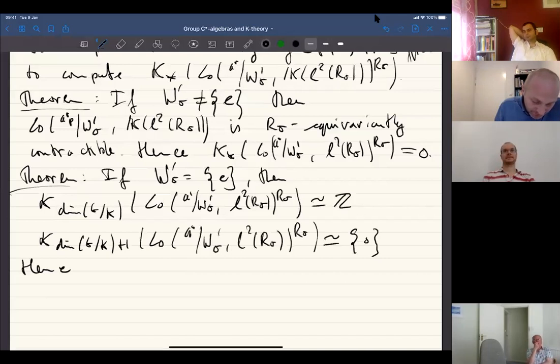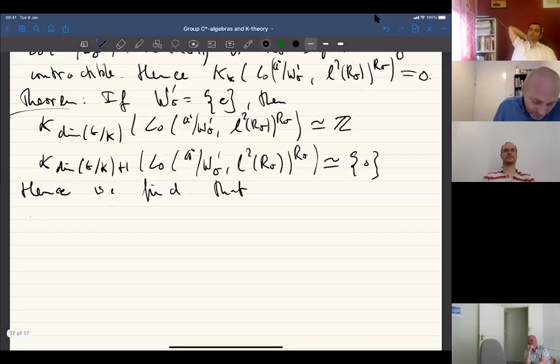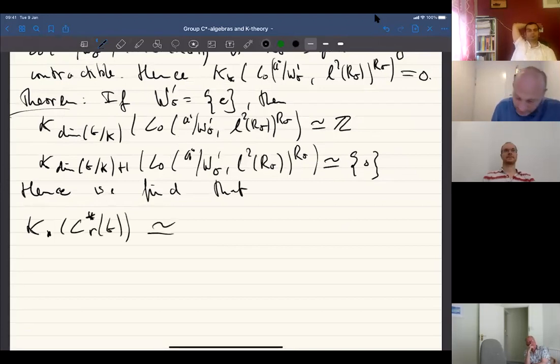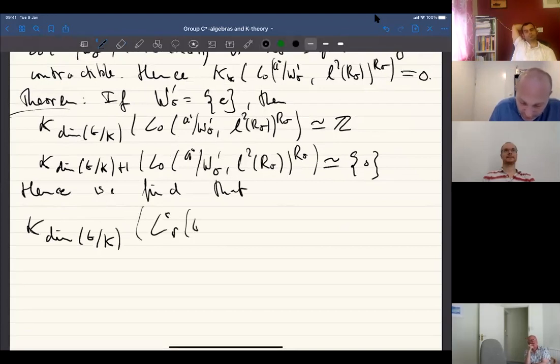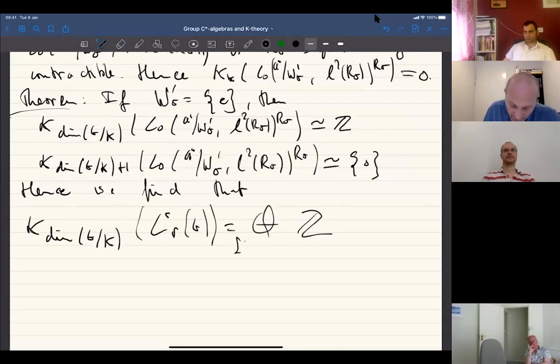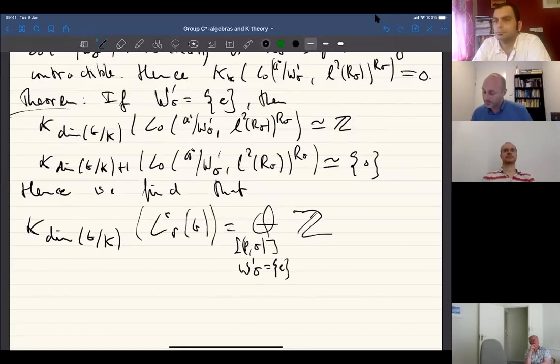Hence, we find that for a reductive real group, the K-theory, wait, let me write this properly, is a direct sum of just Z's over equivalence classes of P sigma such that W prime sigma is the identity and the group is free abelian for those representations.